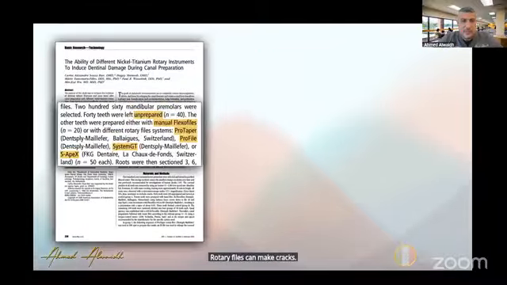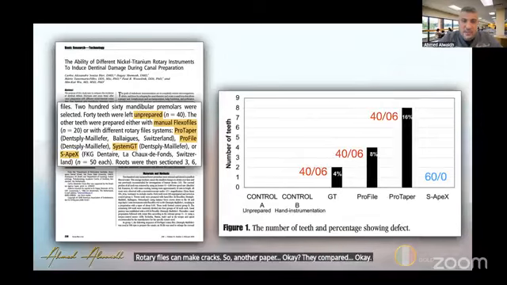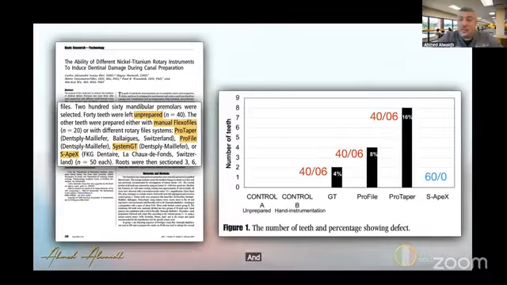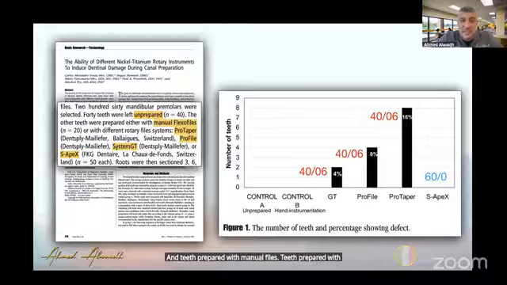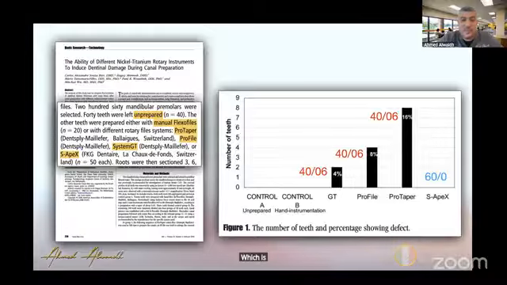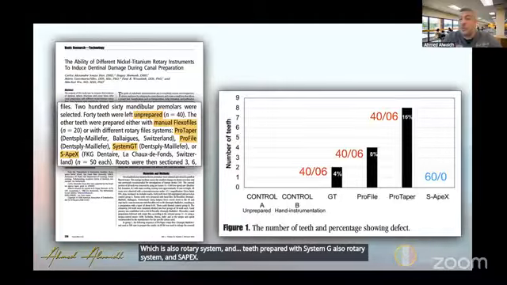So another paper, okay, they compared many file systems. So they had 5 groups: unprepared teeth, teeth prepared with manual files, teeth prepared with the ProTaper file system, which is a rotary system, teeth prepared with the Profile, which is also a rotary system, teeth prepared with System G, also rotary system, and GT, also rotary system.